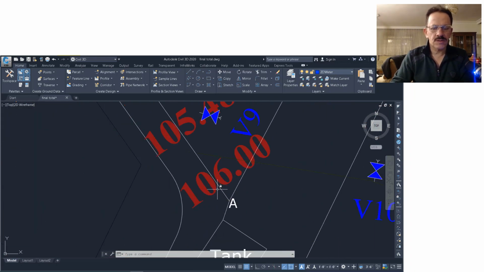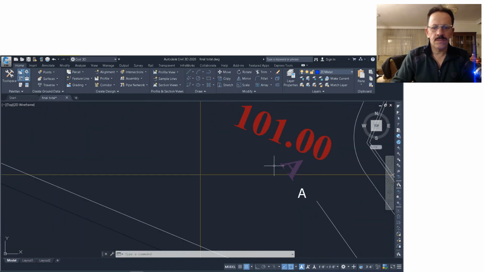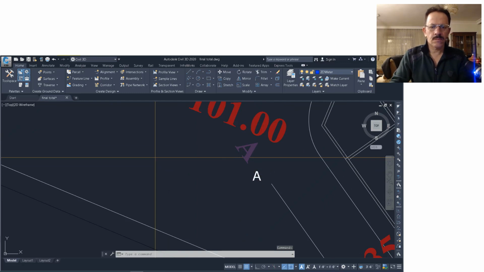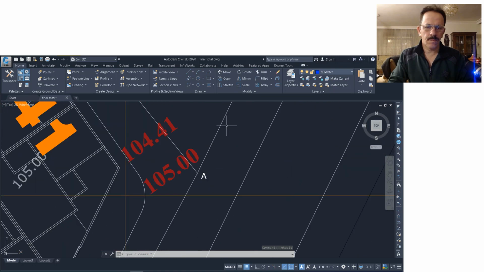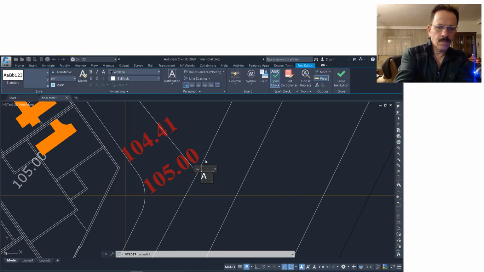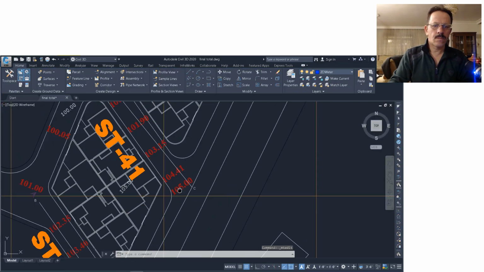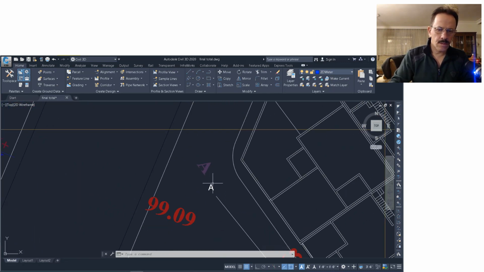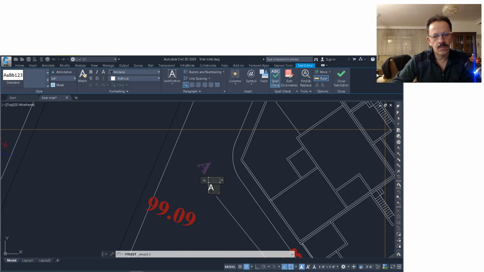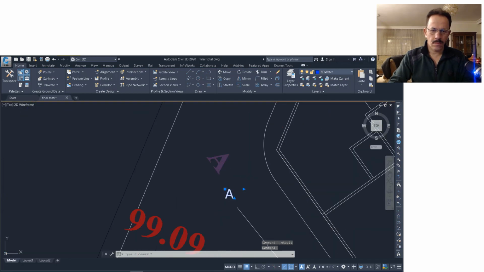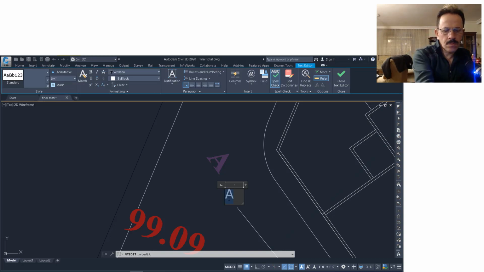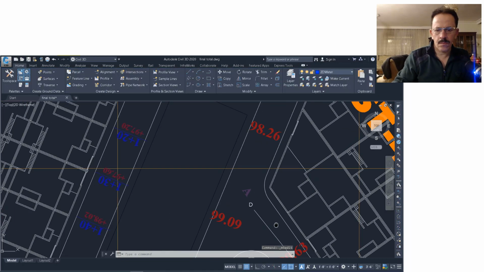So let's start numbering. This is A, and here will be B, this is B, and we have C, this becomes D, okay.